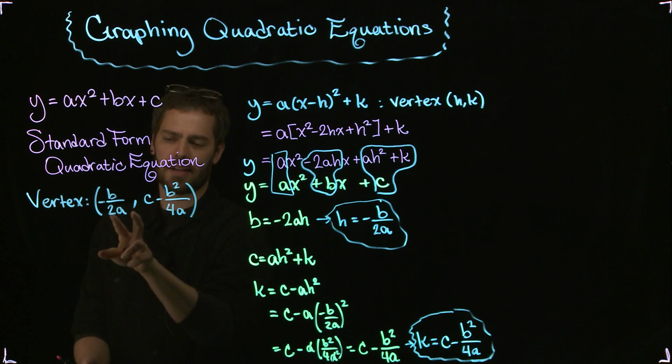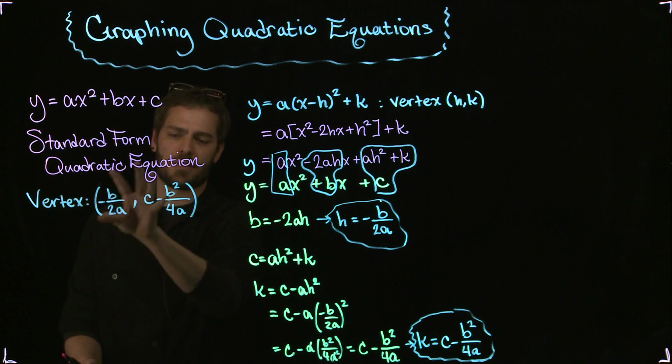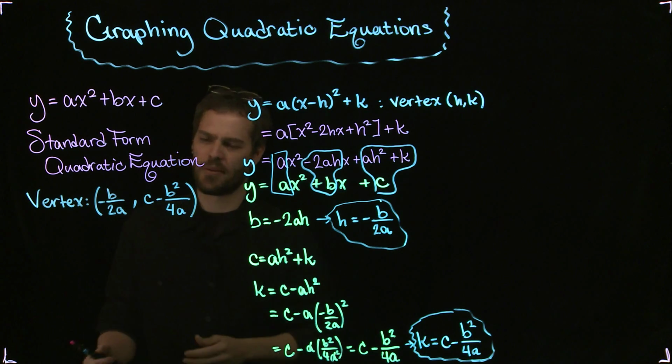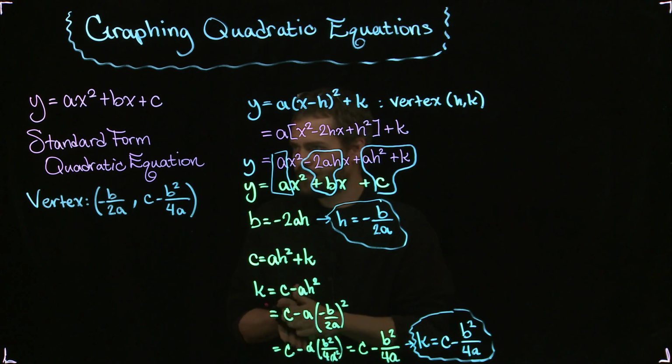Usually we'll just find the x component of the vertex and then plug that number back into the equation to find the y component. But I might show you both ways just to check it out. So let's do an example then and see if we can find the vertex and go from there.